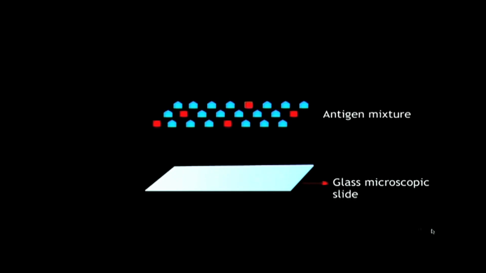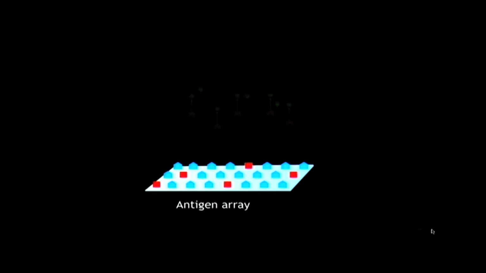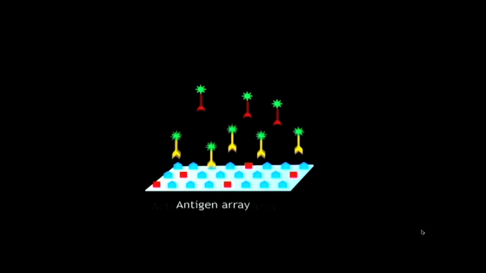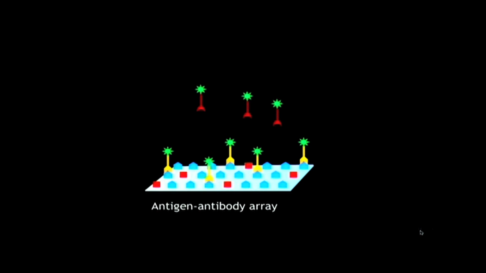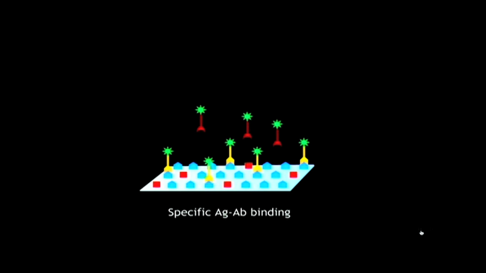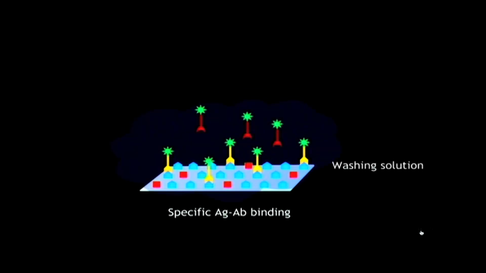In a complementary experiment, the authors generated 6 antigen arrays having 116 different antigens, which they probed with the Cy3 or Cy5 labeled antibodies of varying concentrations. The antigen-antibody reaction was allowed to go to completion, and excess unbound antibody was washed away by using PBS and water at room temperature.